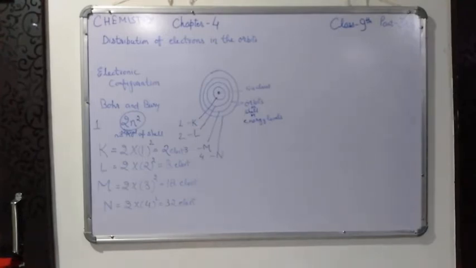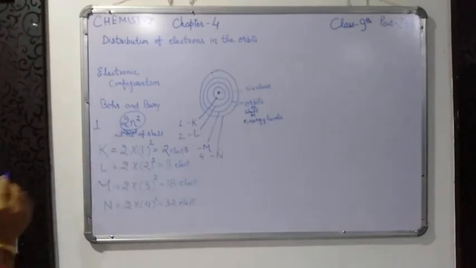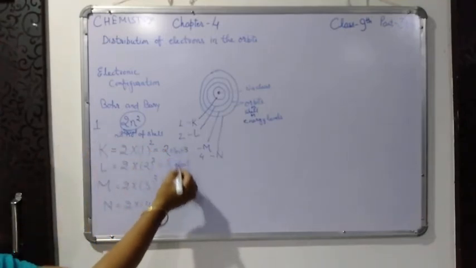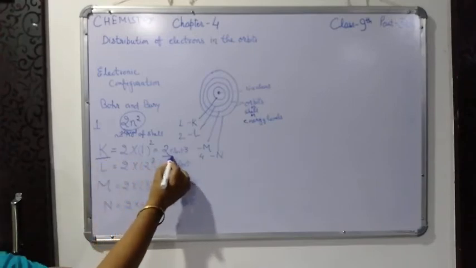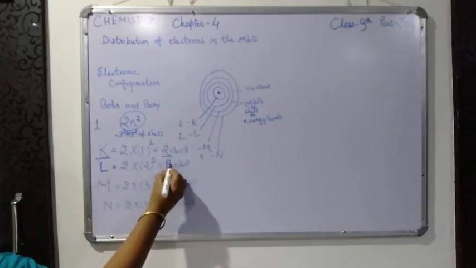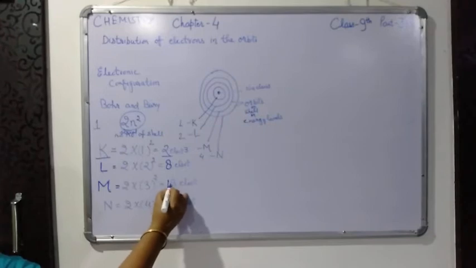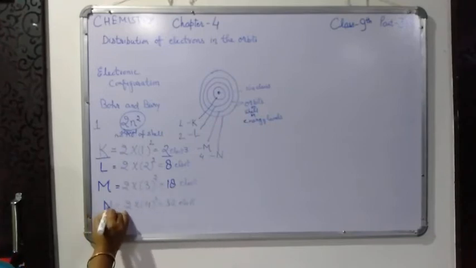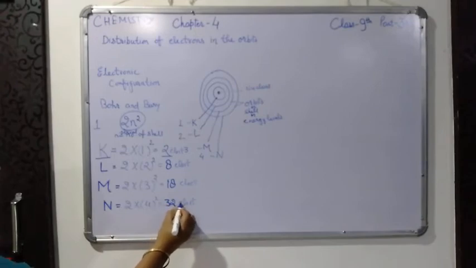With the help of this formula, 2n square, you can distribute these electrons. In the first shell the maximum capacity is 2 electrons, in the second it is 8 electrons, in the third it is 18 electrons, and in the fourth the maximum capacity is 32 electrons.